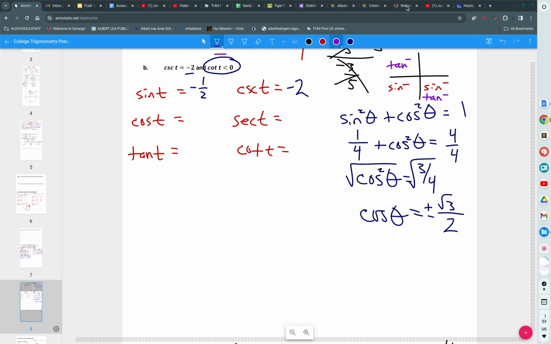So everybody see the overlap of these two conditions is the 4th quadrant, cosine is positive. So Bryant is correct. We get positive root of 3 over 2. I flip that to get 2 over the root of 3. So we get 2 roots of 3 over 3.